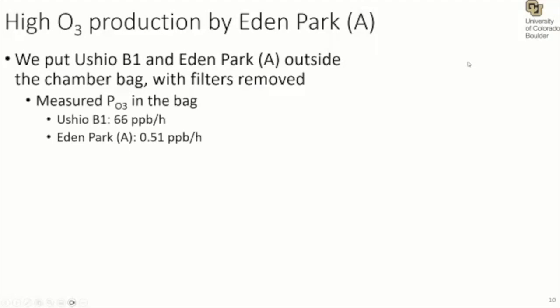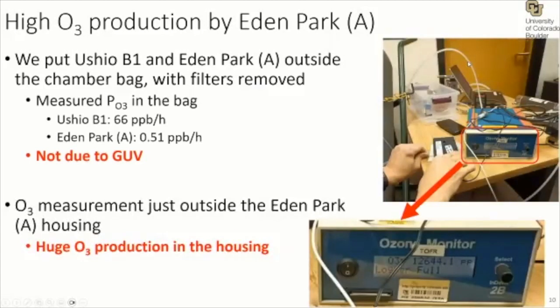This means the high ozone production by Eden Park A was not due to GUV light penetrating into the bag. We also used the 2B ozone monitor to sniff just outside the box of Eden Park A and measured 12644 ppb. There was a huge ozone production in the housing, likely due to some undesired electrical discharge.